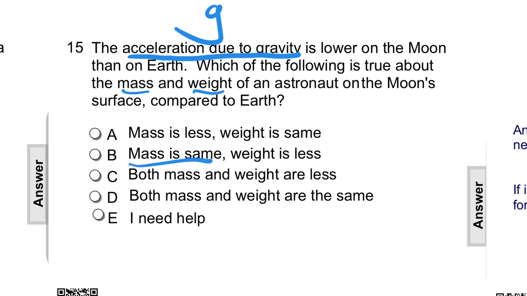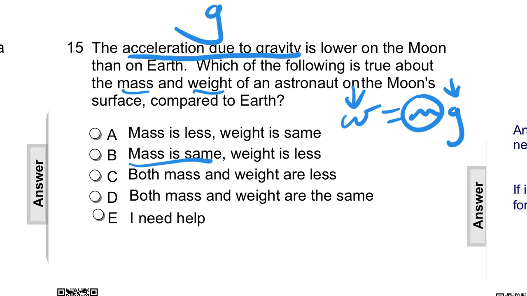Because weight equals mg, and m is the same, if you have a smaller g, you're going to have a smaller weight. So the weight is directly proportional to the mass and the acceleration due to gravity, but the mass isn't changing.